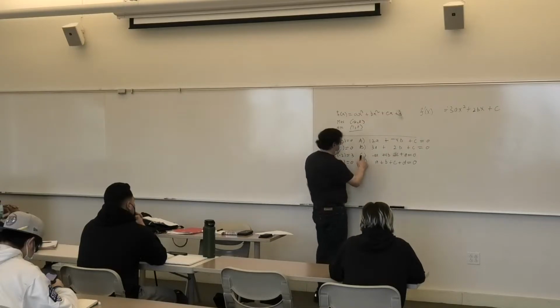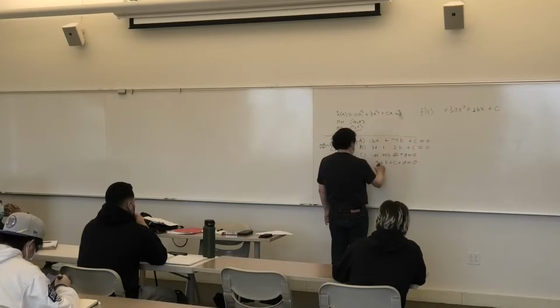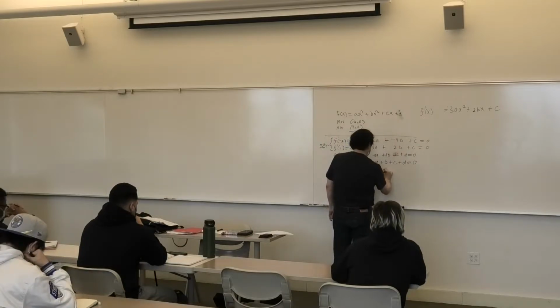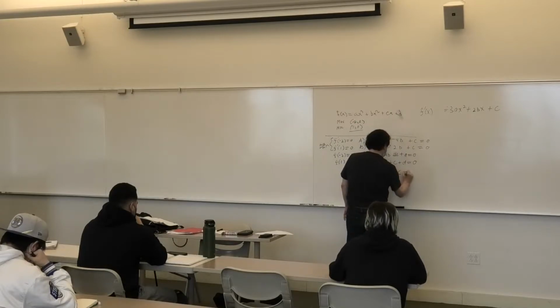And I'm going to subtract c from d. That's 9a minus 3b plus 3c equals 0.